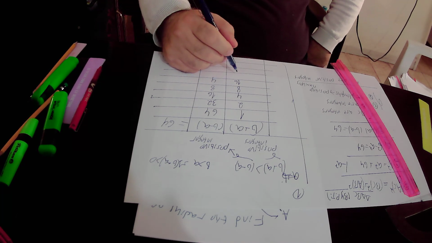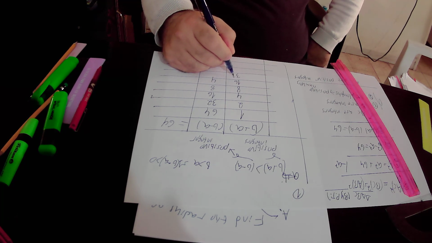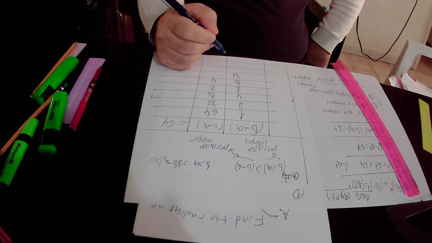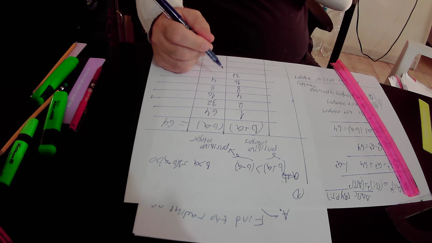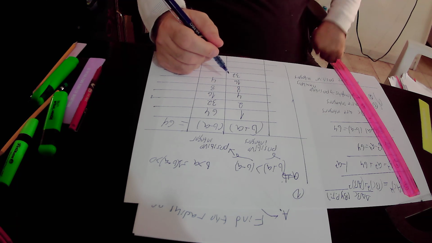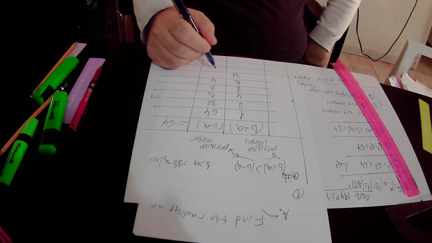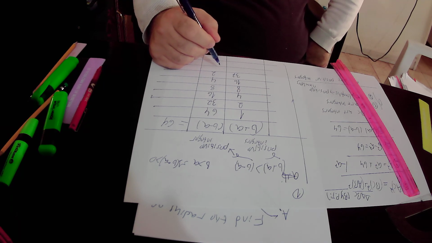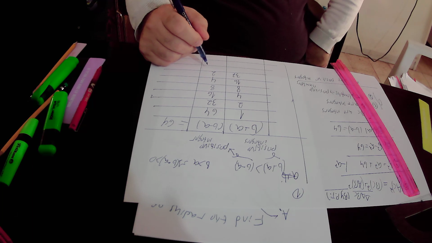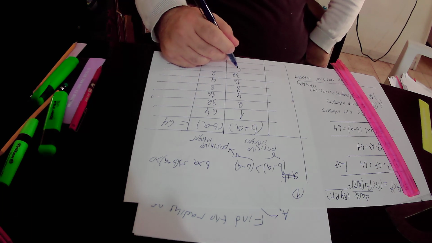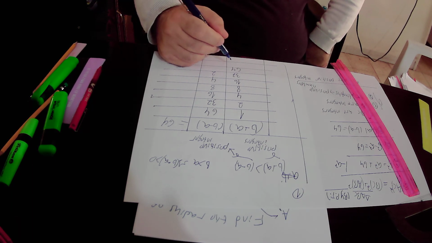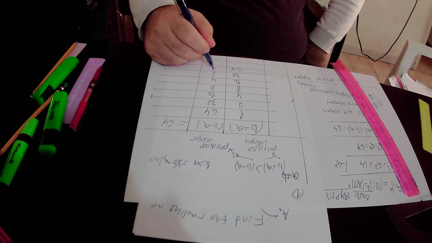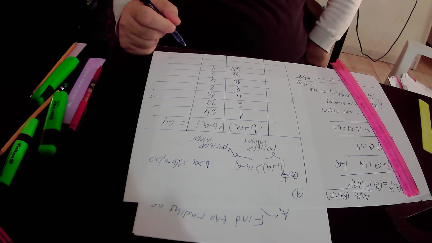Then we have also the option that the first integer is 32 and the second is 2, and 32 times 2 will give us 64, and finally we have the option that the first integer is 64 and the second positive integer is 1, and 64 times 1 will give us 64.